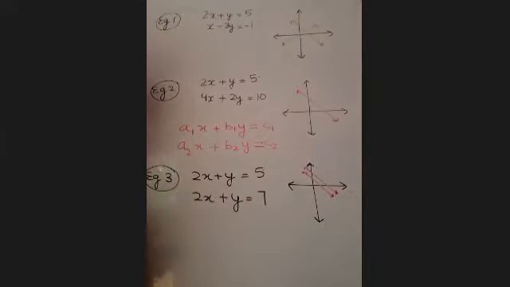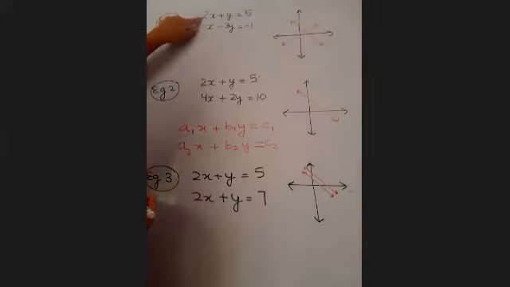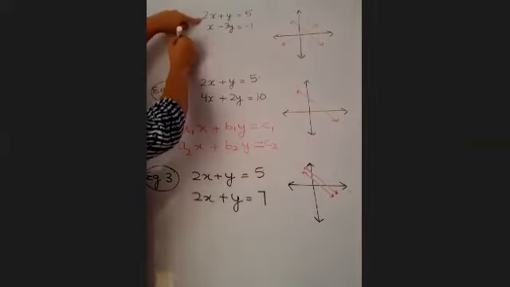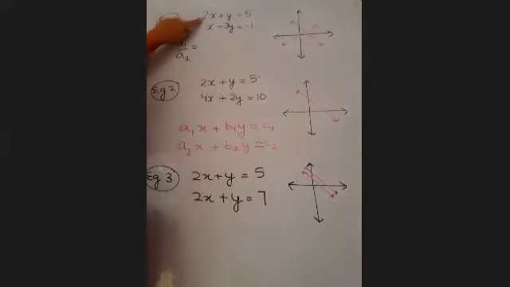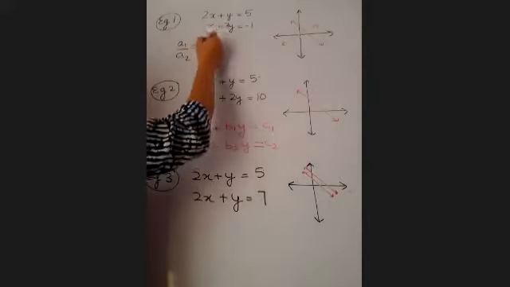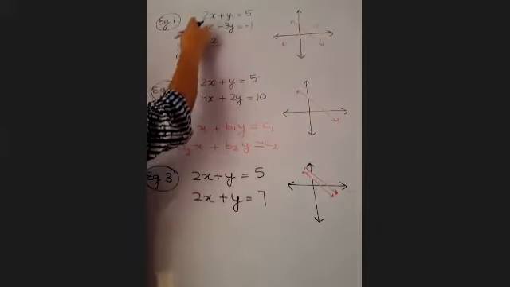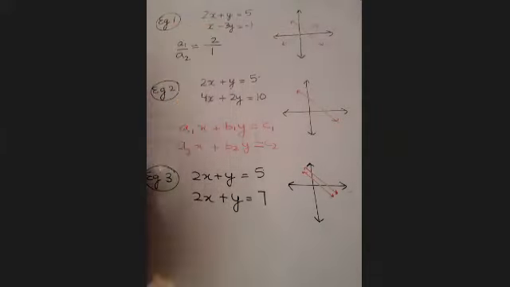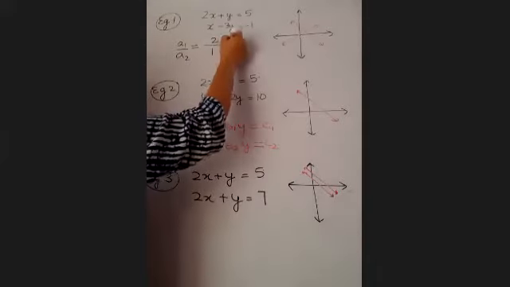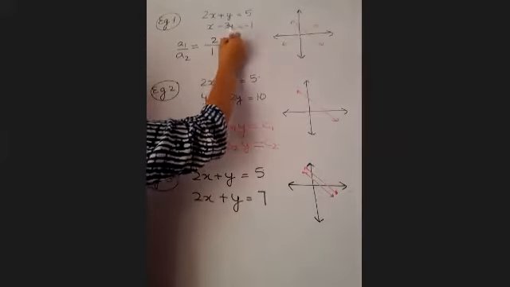So for example, in this case, I'm taking my equations like this. Could you please tell me what is the value of a1 in this case? 2. What is a2, the coefficient of x? And what is a1 by a2? 2 upon 1, which is 2.